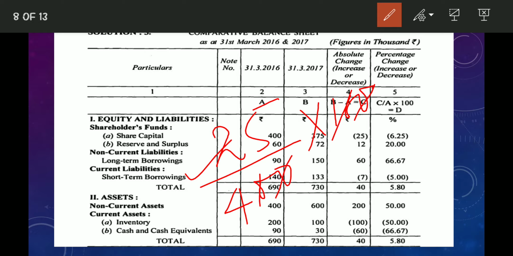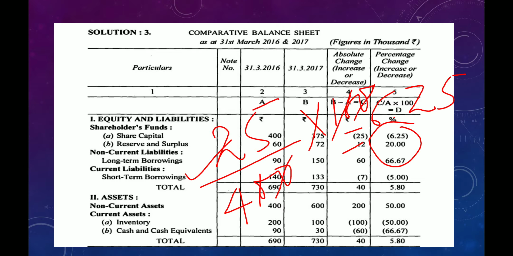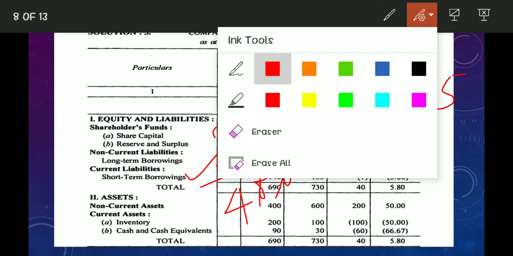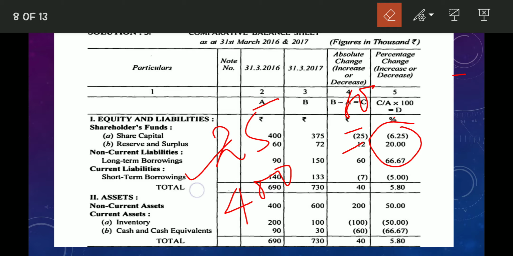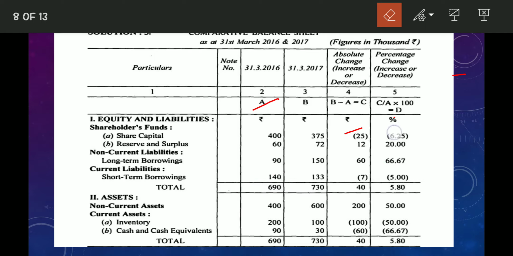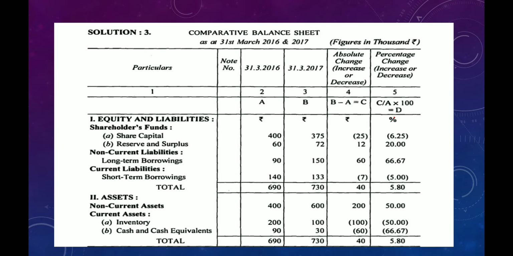So this is 6.25, as given here. So you can easily find the percentage change by placing the absolute data first and after that the previous year data, into 100.